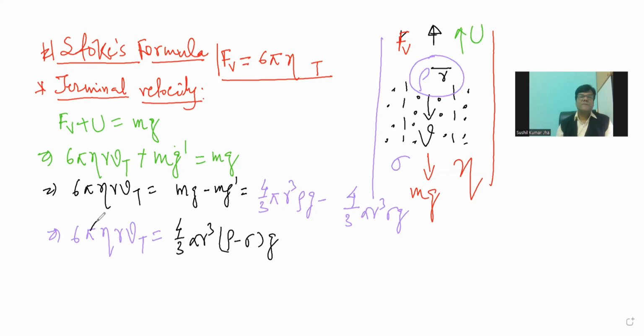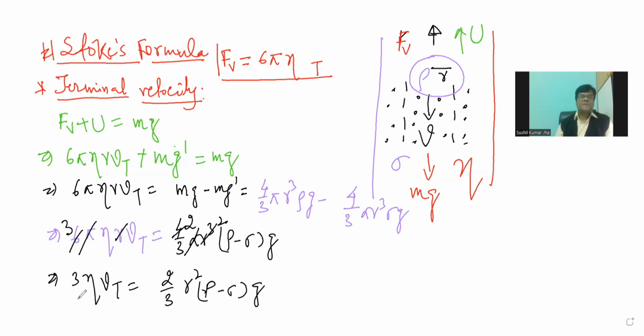Now if we solve, pi cancels, and 2, 3, 2, 2 gives 4, and here it is r square. Now we are left with 3 eta Vt is equal to 2 by 3 r square (rho minus sigma) into g.